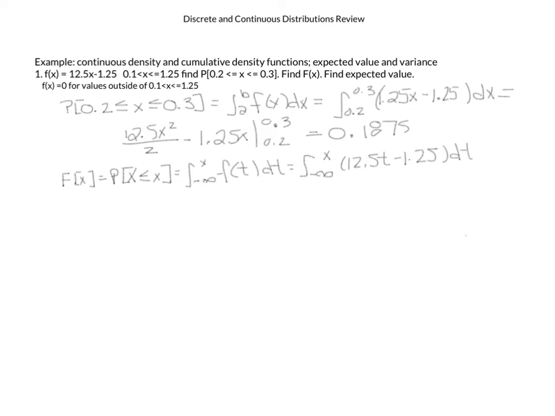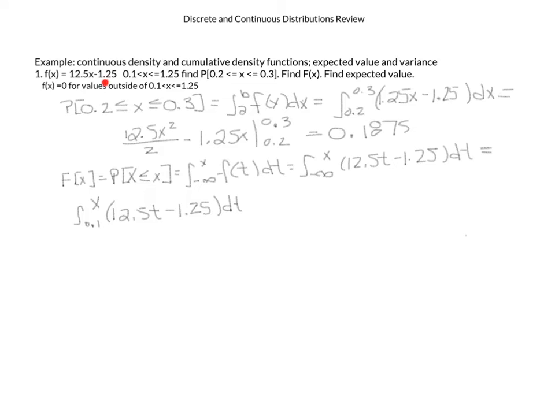Plugging in our particular example, our density function is 12.5t minus 1.25 dt. And again, we replace the x with t because our limits of integration are going to be between negative infinity and x, so we wanted a different variable here other than the variable x we're using.